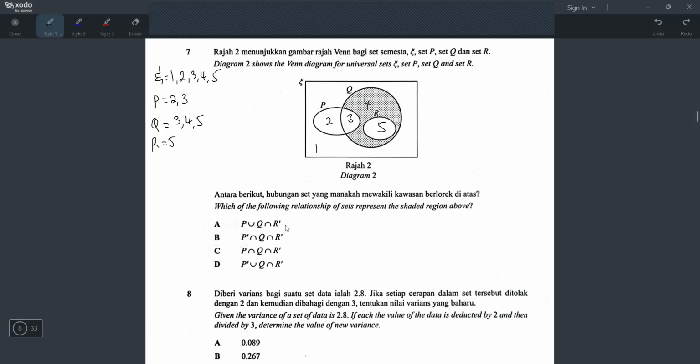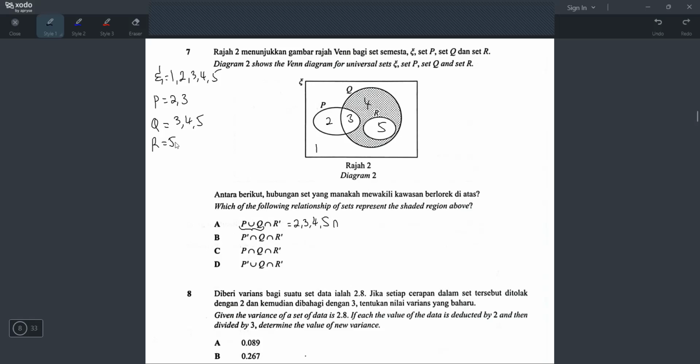So let's do A. A says P union Q. It means P and Q, you take everything. So when you take P and Q, you end up with 2, 3, 4, 5. And then you have to intersect with R complement. What does R complement mean?